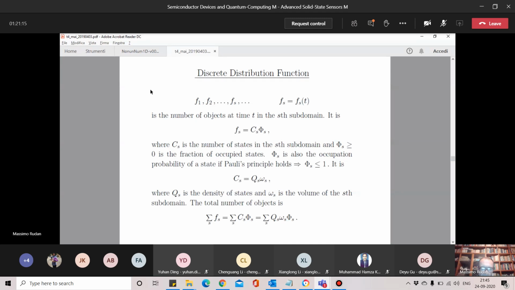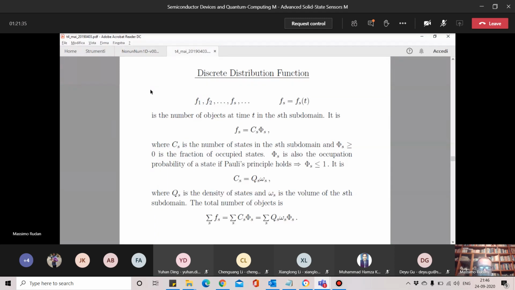So we must use some statistical method that consists in describing the system of particles collectively. We have to introduce the concept of distribution function.